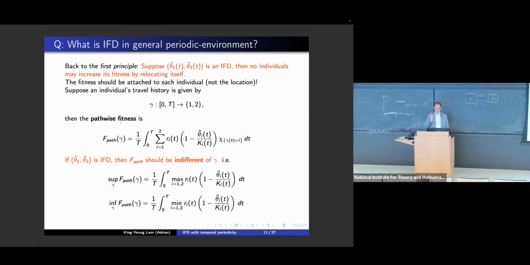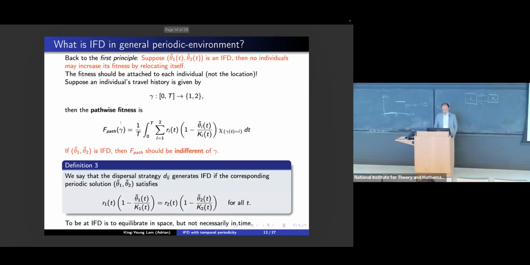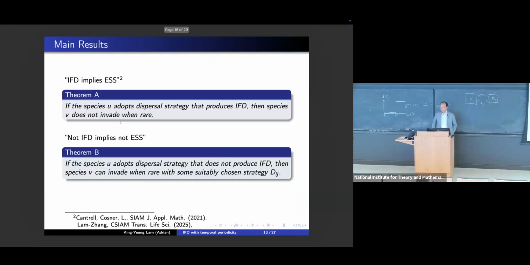If it is a Nash equilibrium, then the path should be indifferent, and this implies that the fitness should be equilibrated across patches, but it doesn't mean they have to be zero for all time. It just means they are a function of time, but not of space. This turned out to be a good definition.